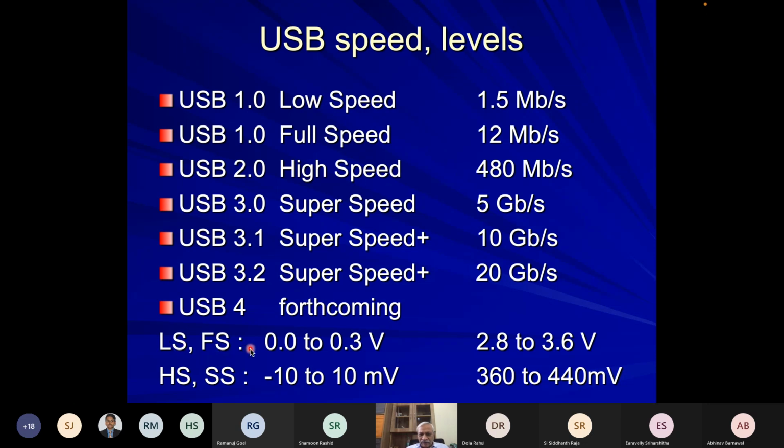So LS and FS have this voltage level. So there are two ranges, 0 to 0.3 and 2.8 to 3.6. For HS and SS, you could see that the voltage levels are much lower. So lower voltages and higher speed is the correct result.